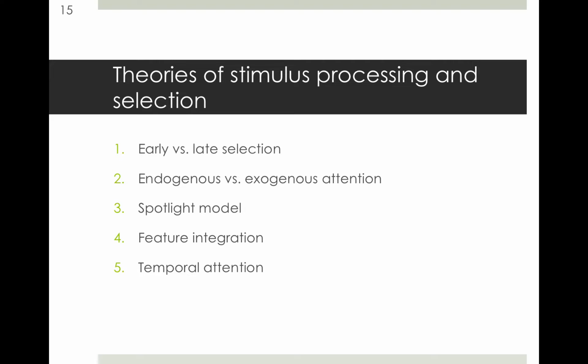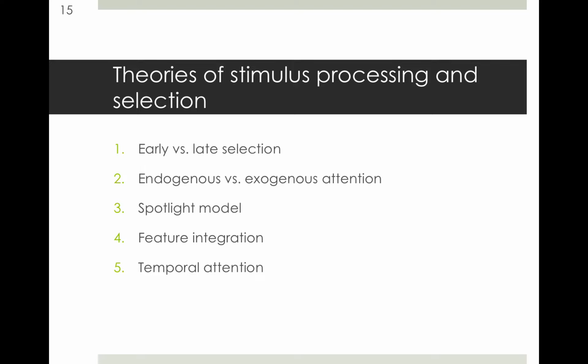So there's a set of theories talking about where in the perceptual to cognitive pathway attention actually starts to operate. If you believe that attention starts to operate early in the perceptual cognitive pathway, that's an early selection theory. Otherwise, it's a late selection theory. So that's early versus late selection, and we'll talk a little bit more about that in a bit.